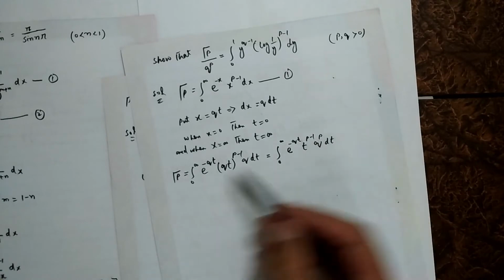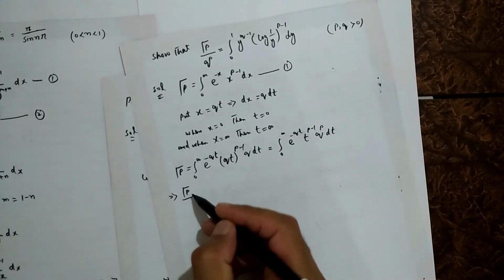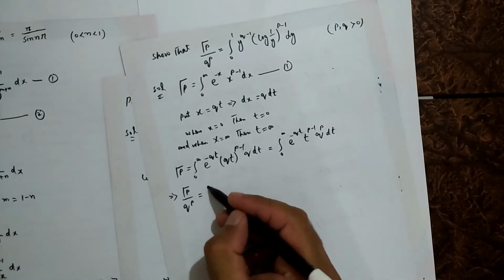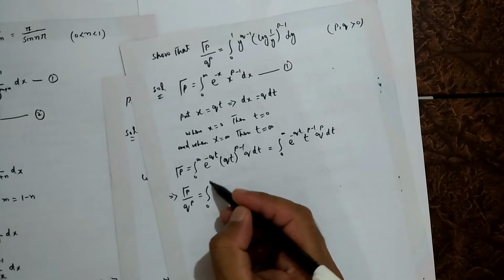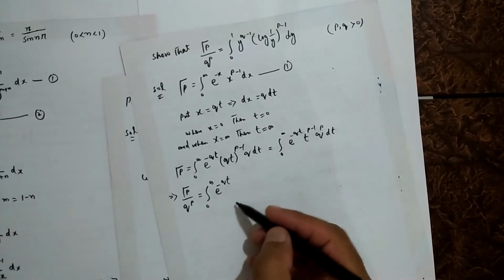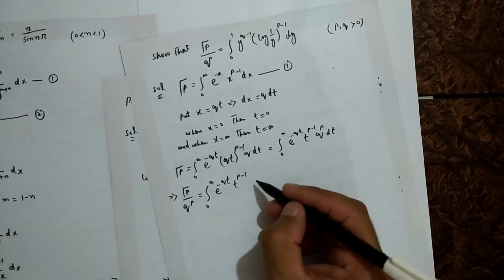Bring this q to the power p to the left side, so it will become gamma p divided by q to the power p, which is equal to integral from 0 to infinity e to the power minus qt into t to the power p minus 1 into dt.